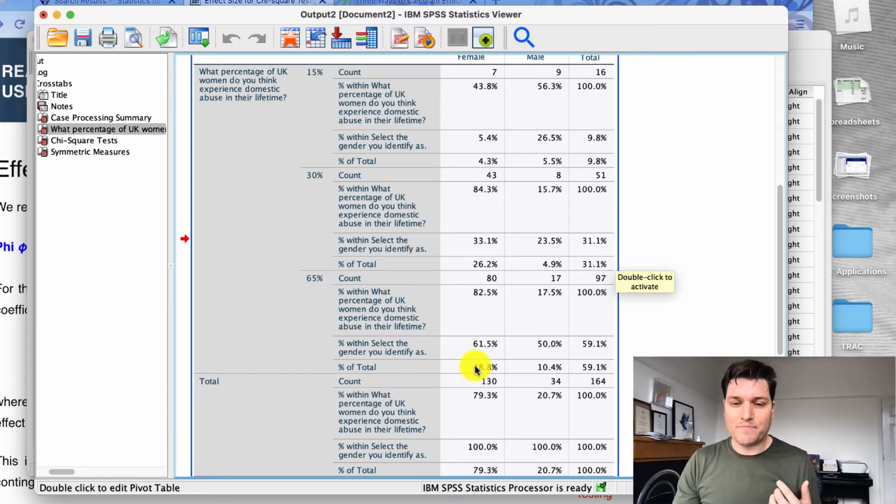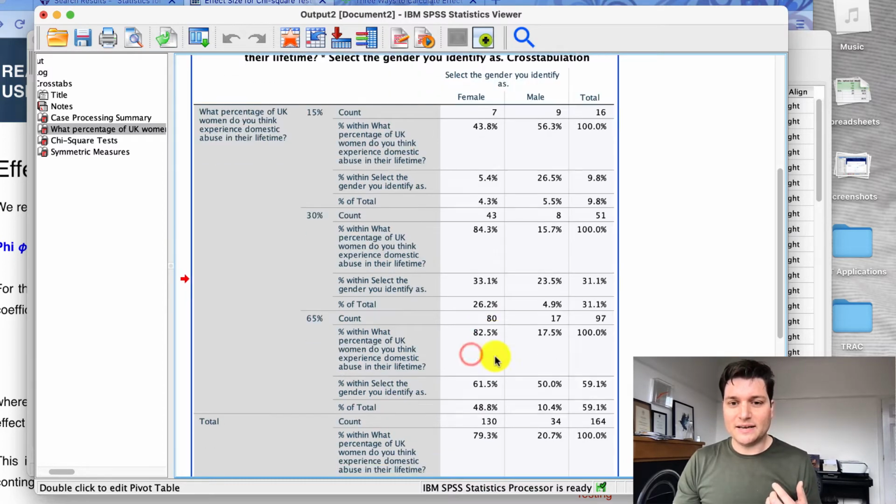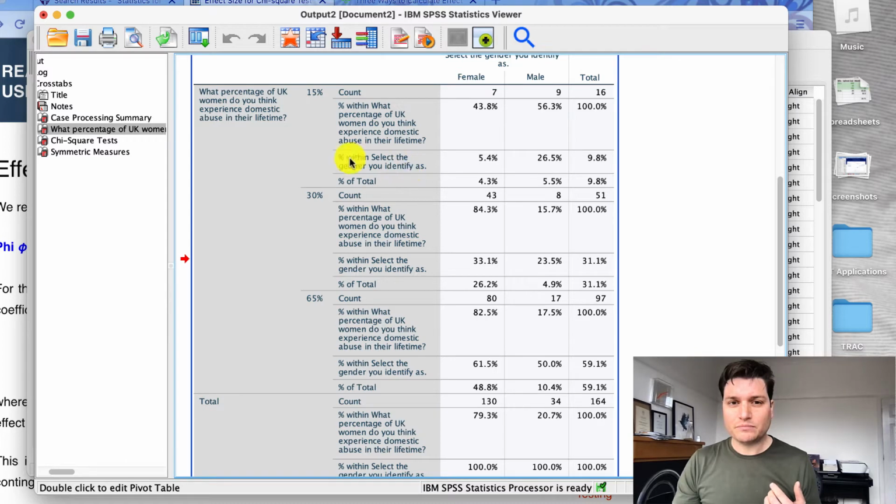When we look at the percentage of selected agenda as identifying, it really is men are tending to perceive it as a lower figure, and women are more likely to perceive it as a higher figure.